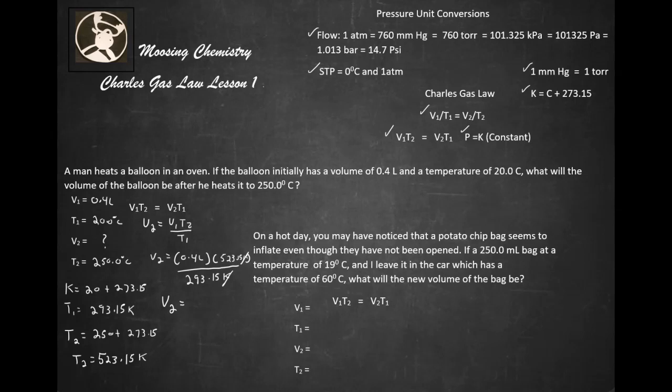So 0.4 times 523.15, divided by 293.15, equals 0.71 liters. Pretty snarly, huh?